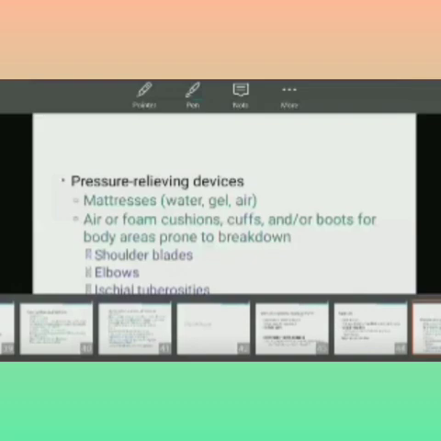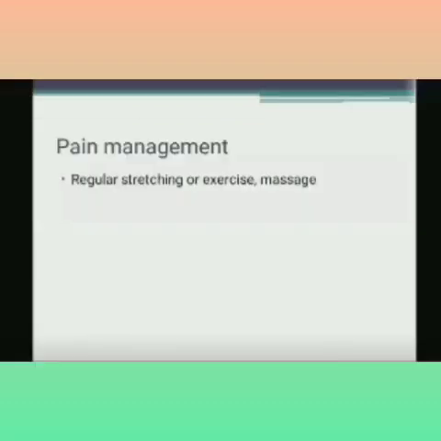Okay, next is pain management. Very importantly, you saw there are different types of pain and altered sensation present in the patient. So you need to do regular stretching or exercise, massage to reduce the pain.